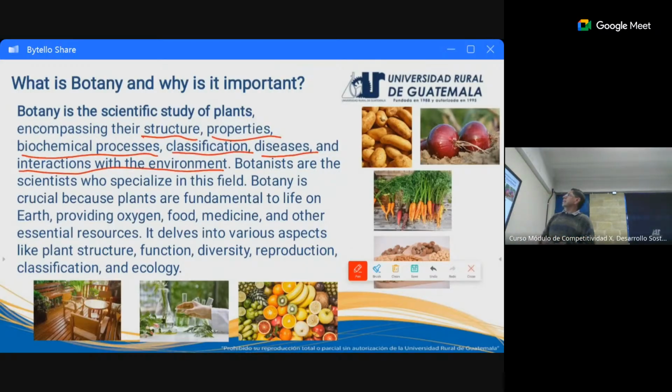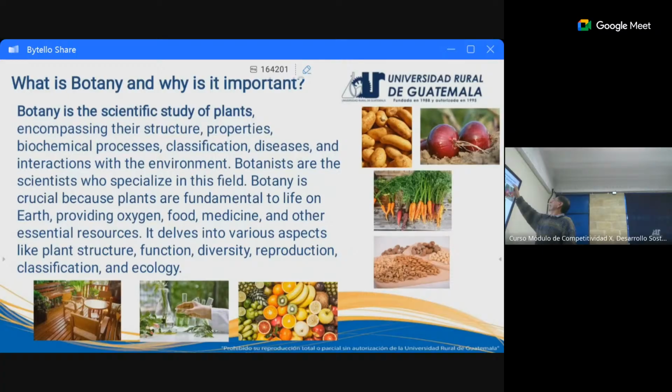Botanists are the scientists who specialize in this field. Botany is crucial because plants are fundamental to life on Earth, providing us with oxygen, food, medicine, and other essential resources. It delves into various aspects like plant structure, function, diversity, reproduction, classification, and ecology. So let's continue.